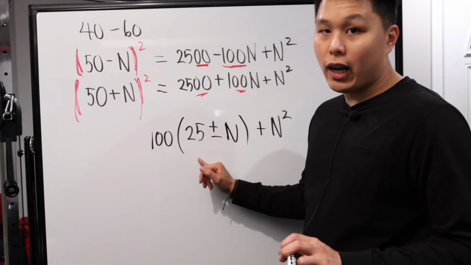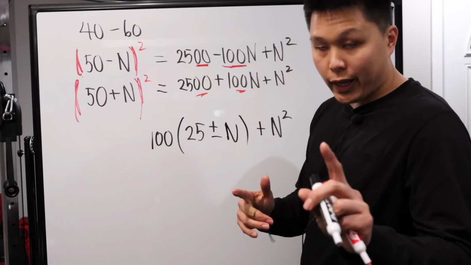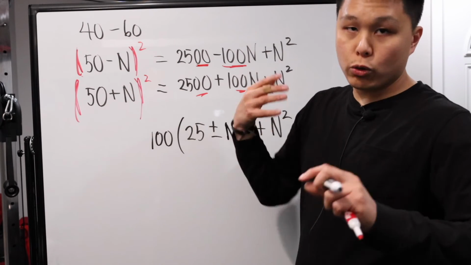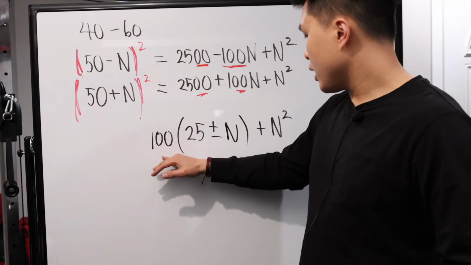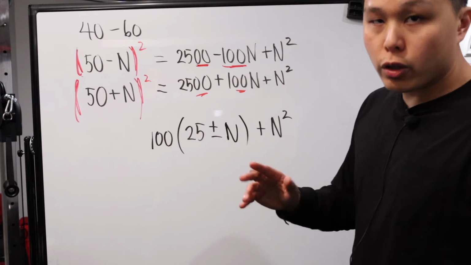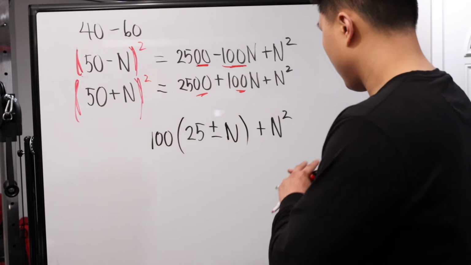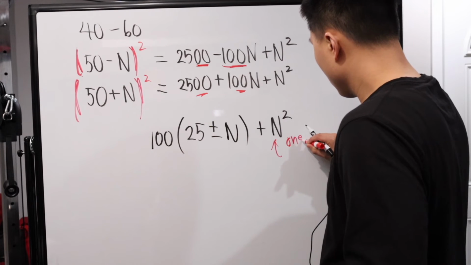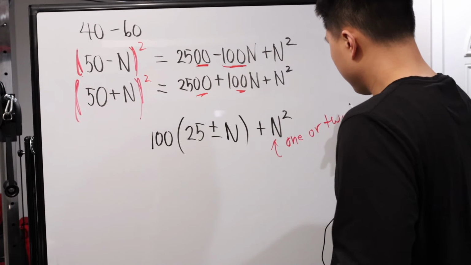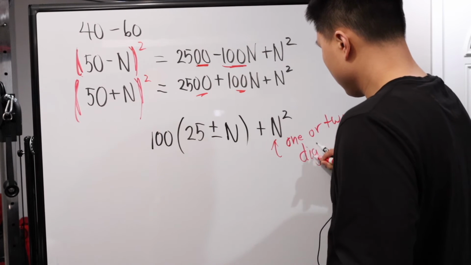So basically, notice this. You have your 25, and sometimes you're going to add that number. Hence, the first rule that when it's greater than 50, it's 25 plus something, right? And because this is 100, and you have n squared, notice it is either going to be a 1 or 2 digit number right here. 1 or 2 digit. Okay?